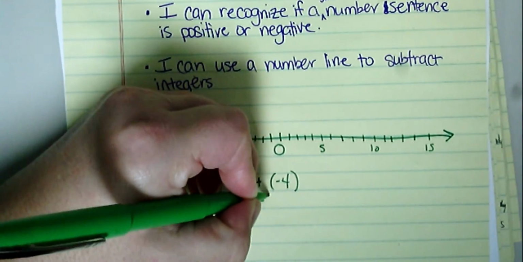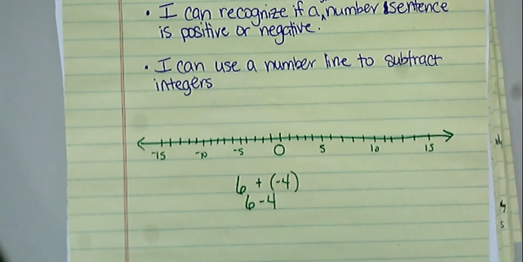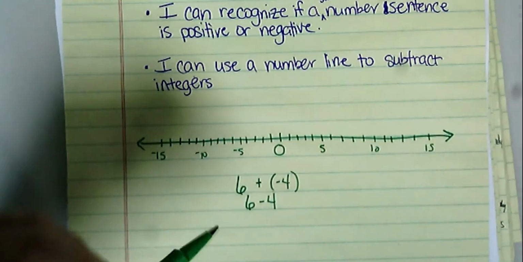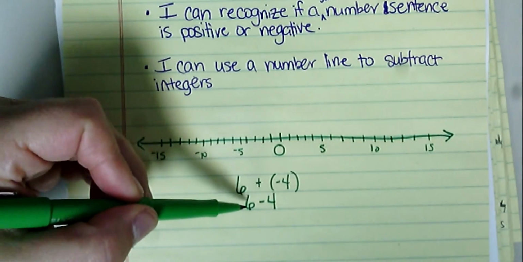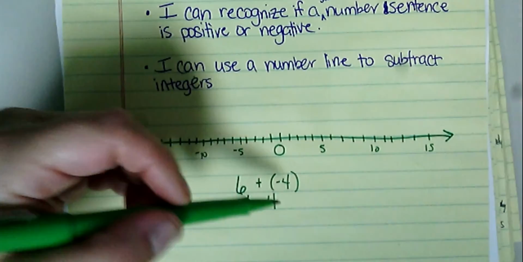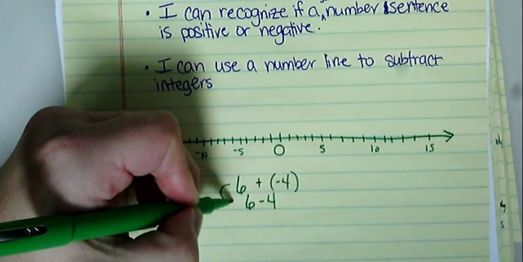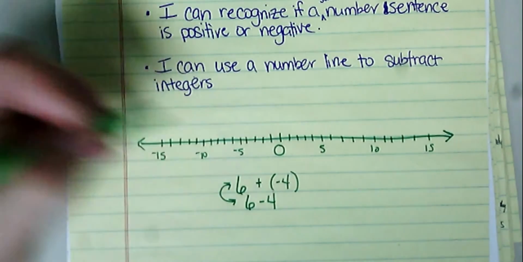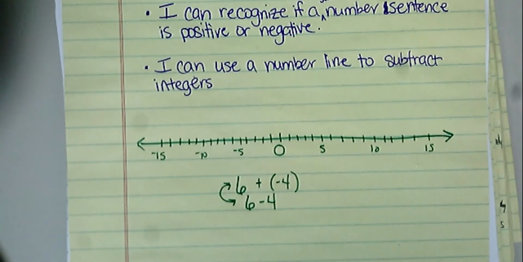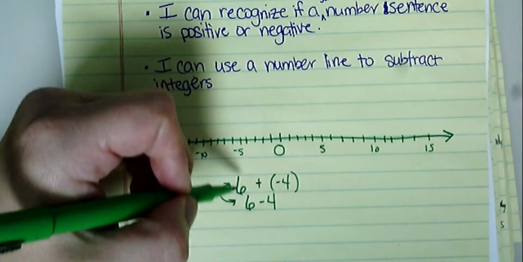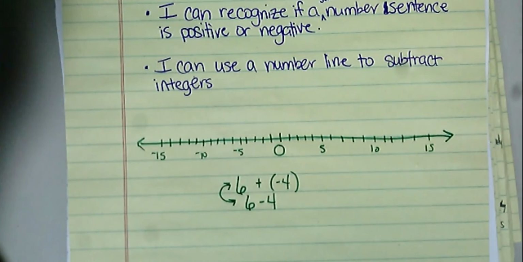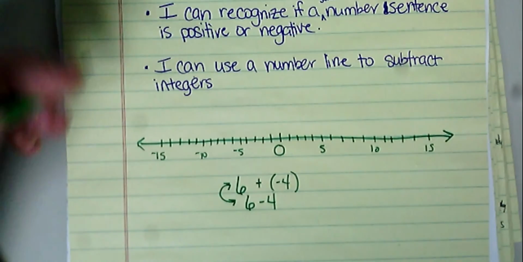You have 6 minus 4, okay? 6 minus 4 is a subtraction sentence where it's basically saying take positive 6 and positive 4 and subtract them from each other. These two things are the exact same thing. Saying 6 plus negative 4 or 6 take away 4 means the same thing.